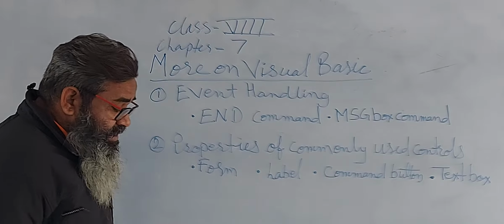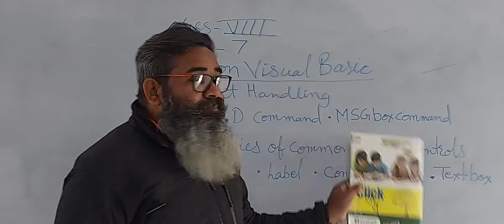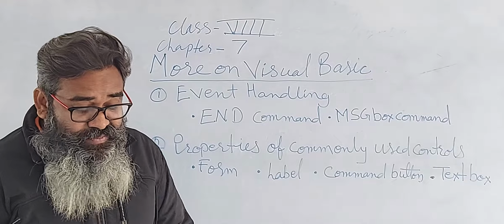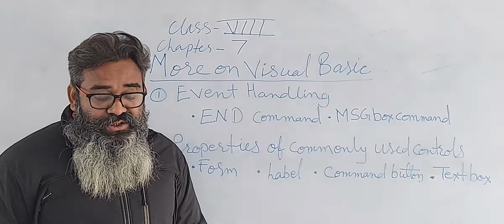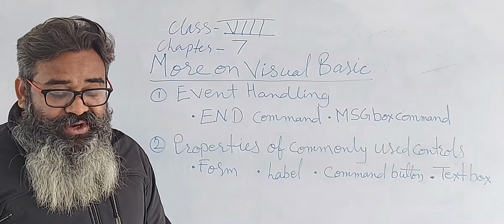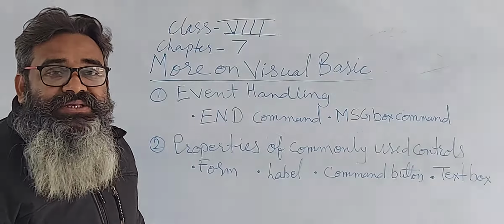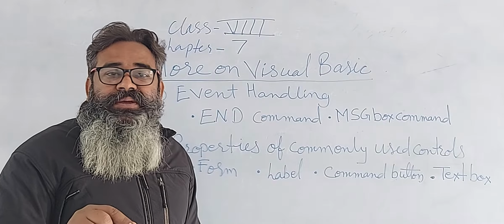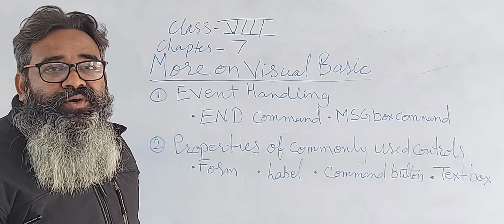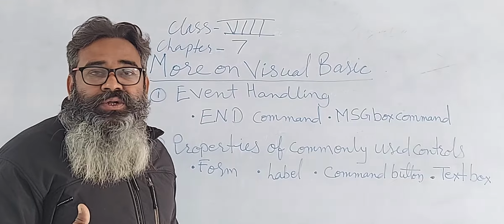Then we move on to the MsgBox command. The message box command is used to display a message in a separate window during execution. That means some messages are displayed in a separate window when the program is executed.